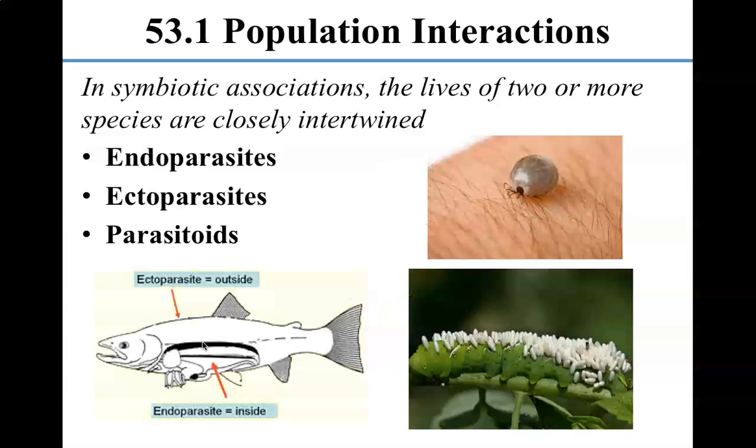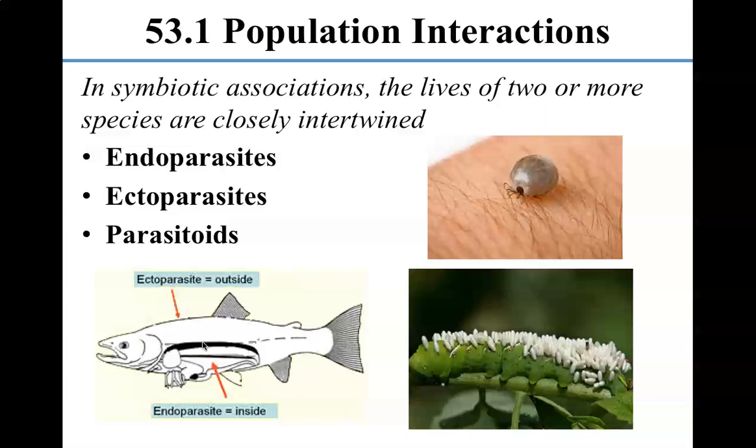Parasites come in two categories: endoparasites and ectoparasites. Endoparasites live inside of their host, so think of a worm living inside of an animal. Ectoparasites live on the outside, so a tick or a flea are examples. There are pros and cons to both.